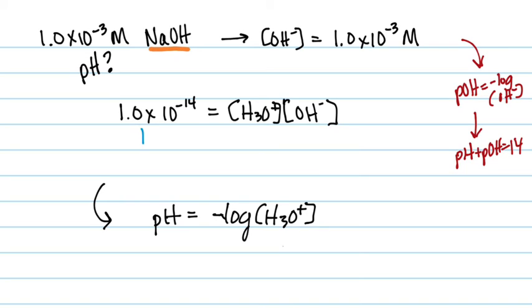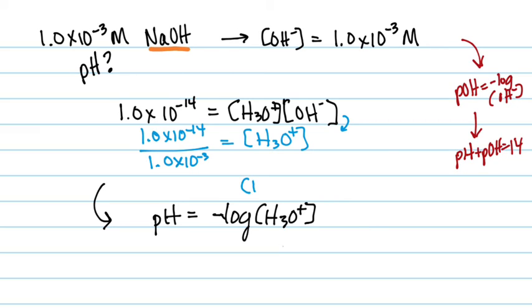So 1 times 10 to the negative 14th equals hydronium ion concentration times hydroxide. I'm going to go ahead and bring hydroxide over and divide it. Since this right here just has 1 hydroxide ion, then I know that concentration is 1 times 10 to the negative 3.